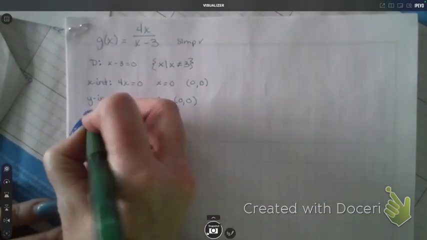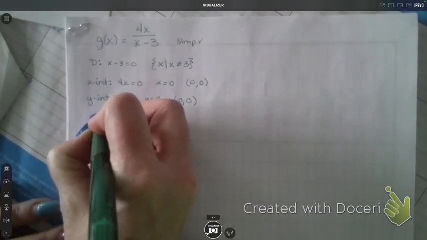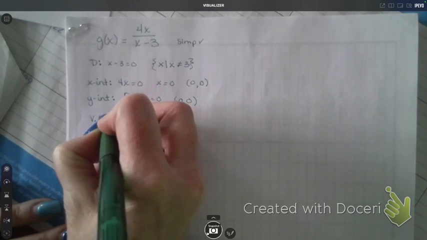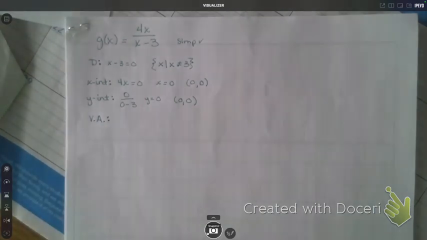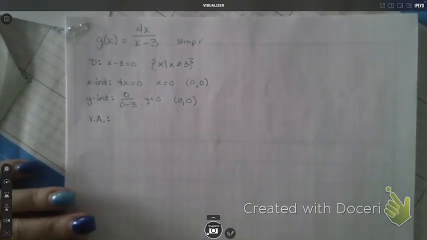Vertical asymptotes. So VA. How do I find VA?